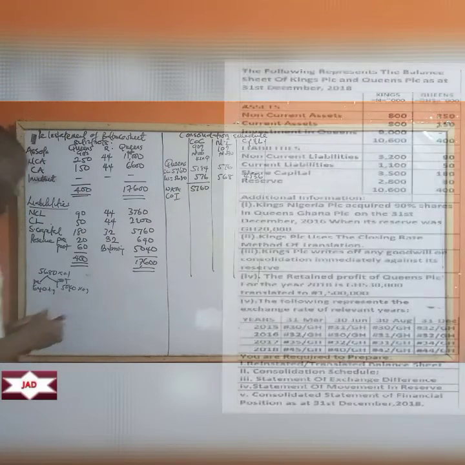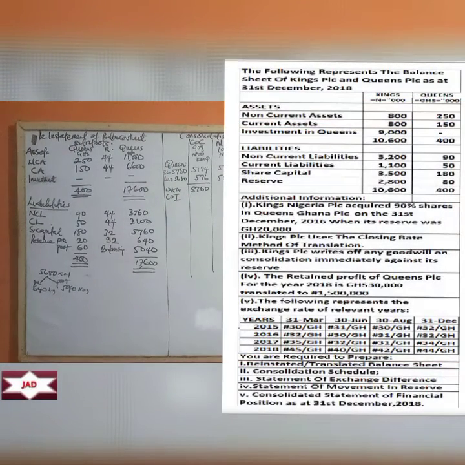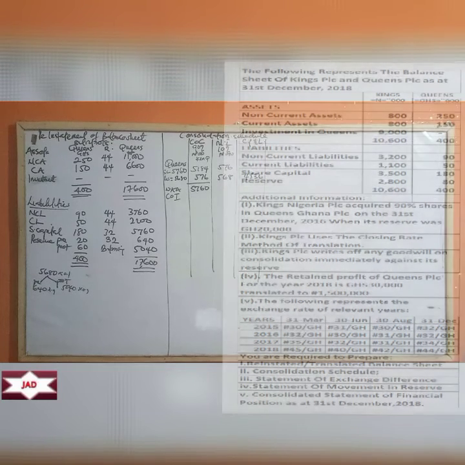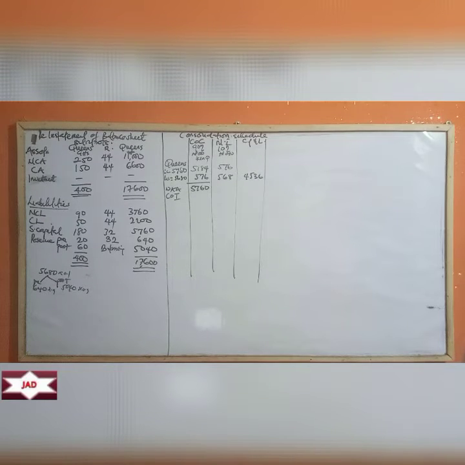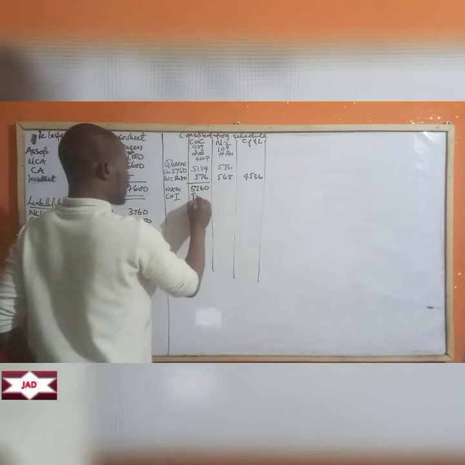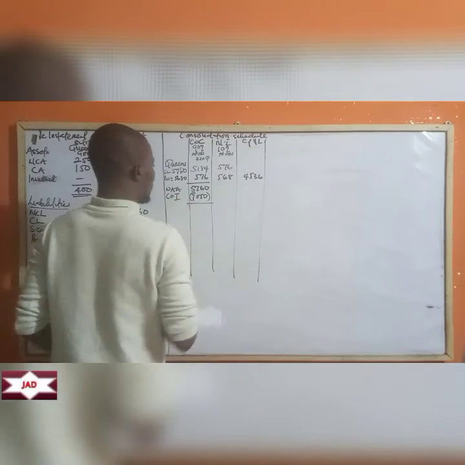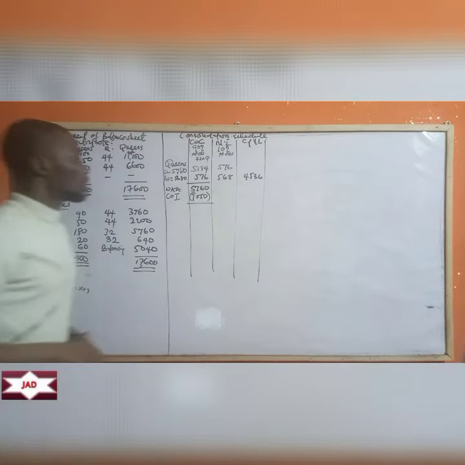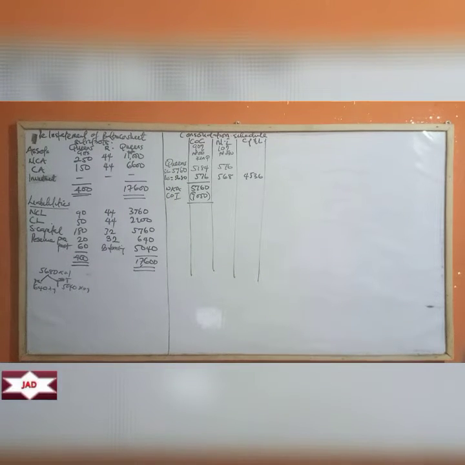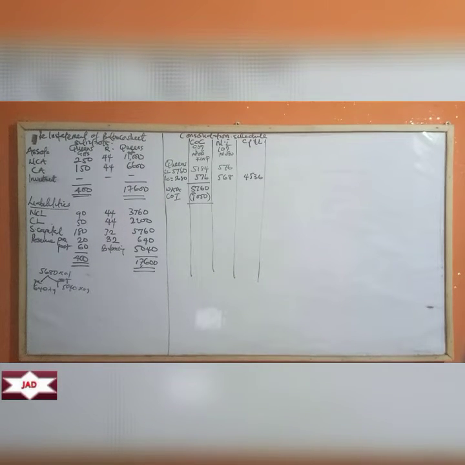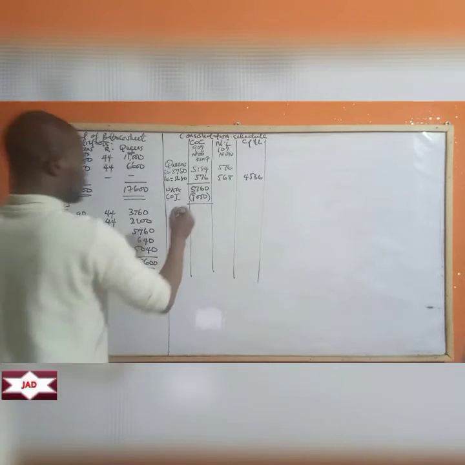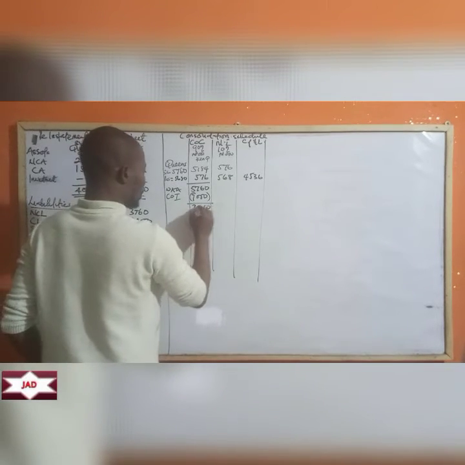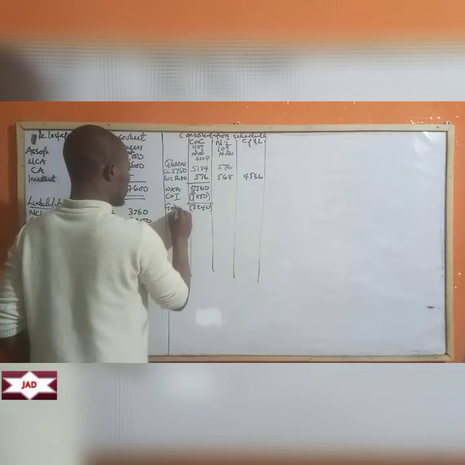What's the cost of investment? We have 9,000. This comes off. 5,760 minus 9,000 is 3,240. So this is the goodwill.